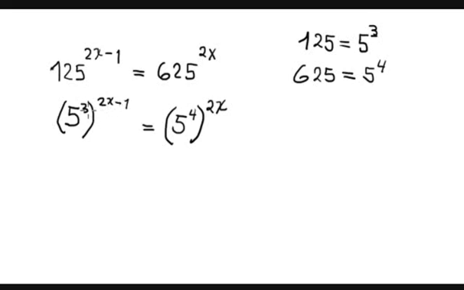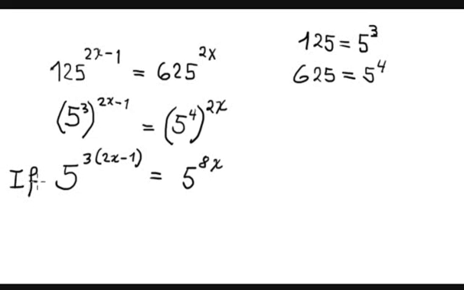Okay, and you apply the rule of the exponents. When you have a power raised to a power, you multiply the exponents. Is 5 to the 3 times 2x minus 1 is equal to 5 to the multiplication, 8x. Okay, again the same situation.